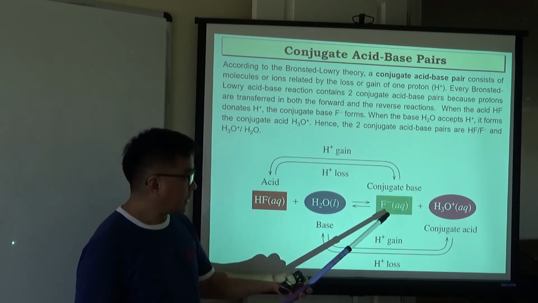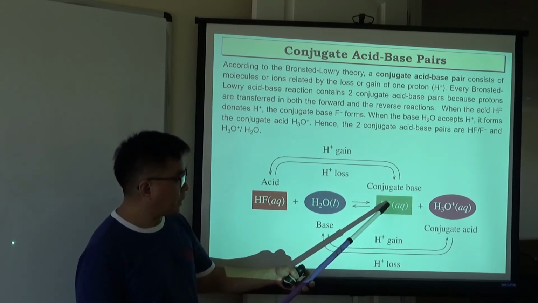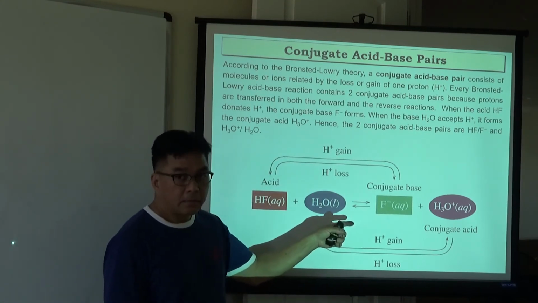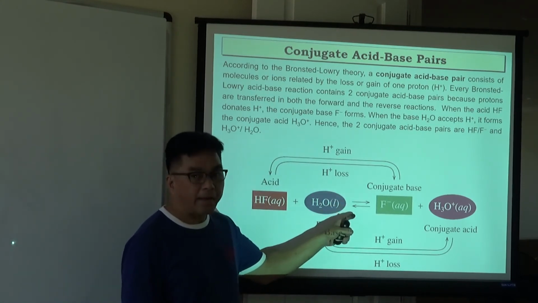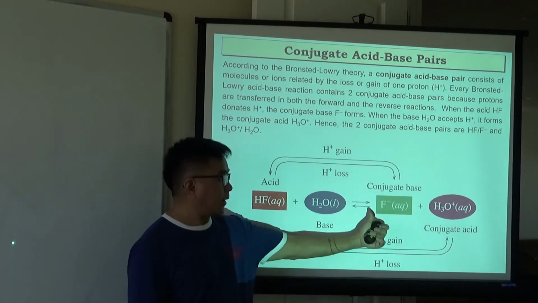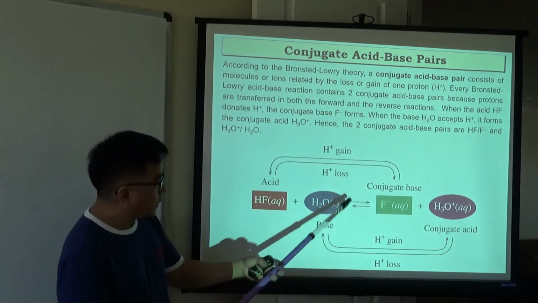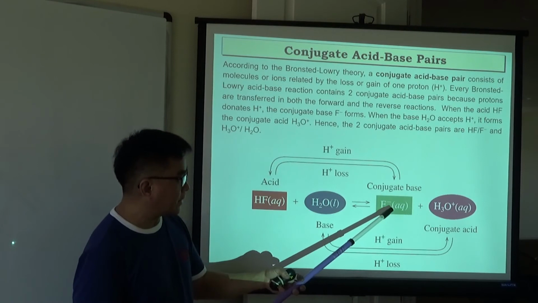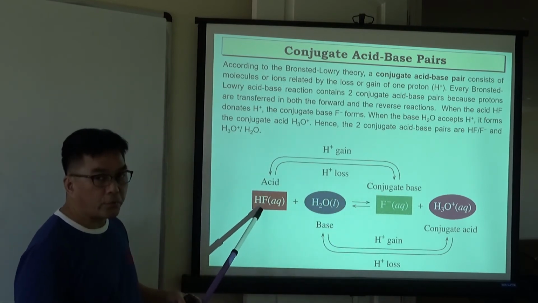Now, a base is because of the reverse reaction. Remember that for a weak acid or a weak base, you write the reaction with a two-way arrow. So it goes this way and goes back the other way also. If you go back the other way, it accepts a proton from hydronium ions to reform hydrofluoric acid.